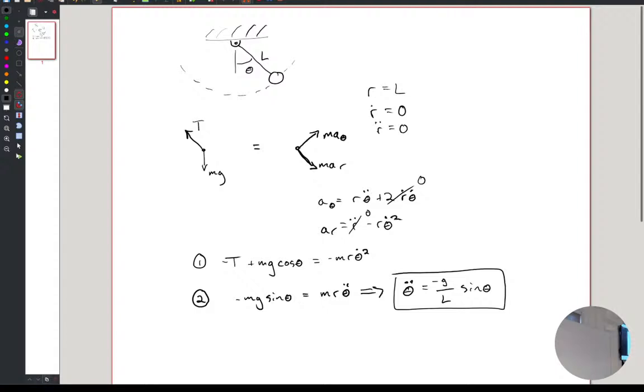Because the only thing that I included was the constraint force of tension and gravity. So there's no drag, no friction, and it's enough to tell us a lot about the problem. But if we wanted to say something's slowing it down, we have to add drag. Drag would make the most sense. Friction with a coefficient that's not zero.